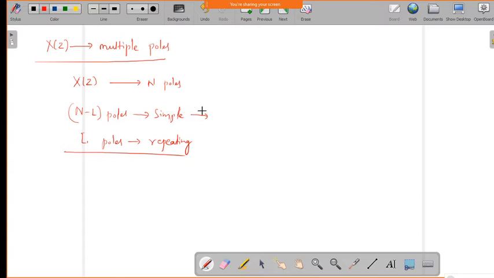If the poles are situated, that is n minus l poles, say at z equal to psi l, where l is between 1 and n minus l.